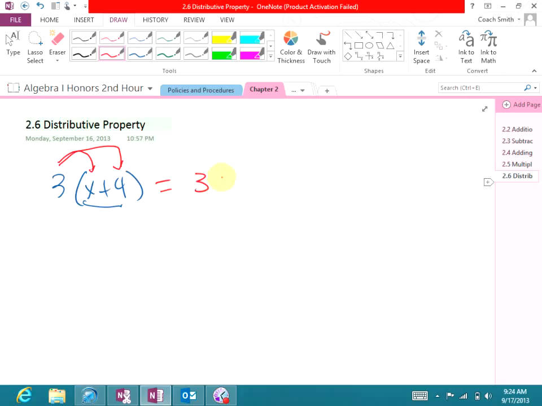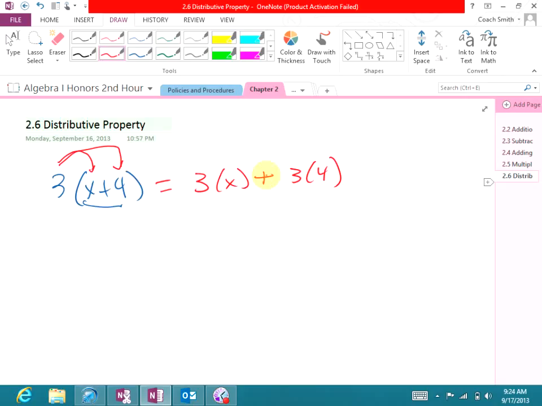That problem and this problem are exactly the same. Okay, let me make that plus sign a little clearer. The 3 times parentheses x plus 4 is equal to, when we use the distributive property, which means we're going to distribute the 3 to everything inside the parentheses, 3 times x plus 3 times 4.